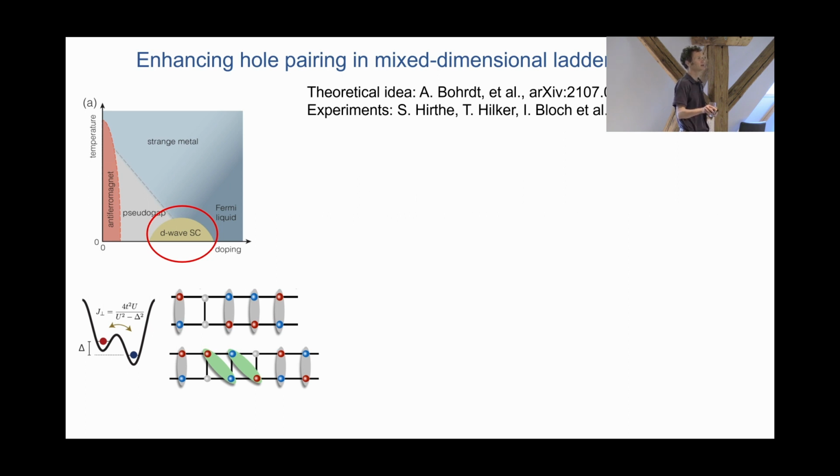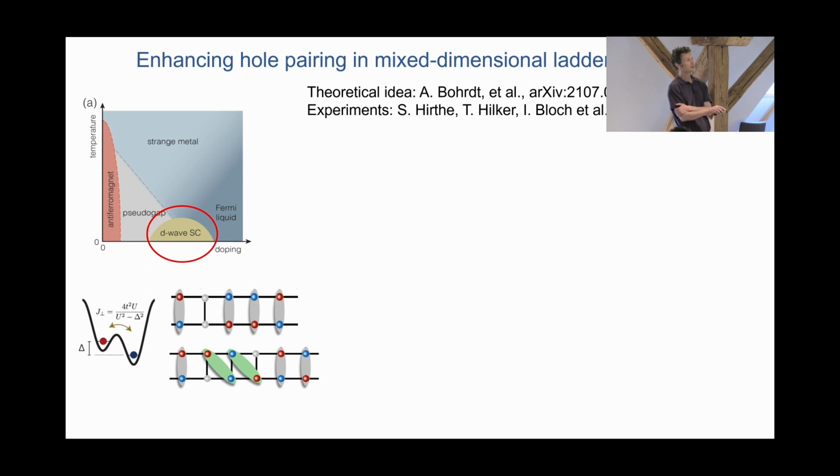Once we start doping these ladders, the expectation is that we will place 2 holes on the same rung, which causes the least disruption of this spin gap phase. Actually, I think Matthew has a beautiful review paper on ladders, probably one of the first places where I learned about it.